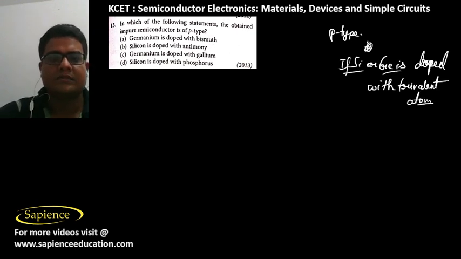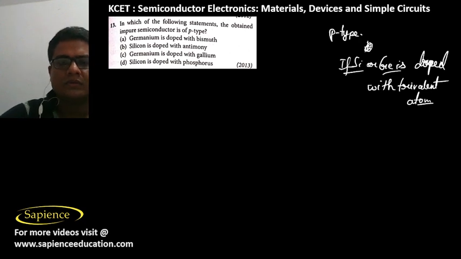Trivalent means it should be in the group number 13 of the periodic table. It should be boron, aluminum, gallium, indium.